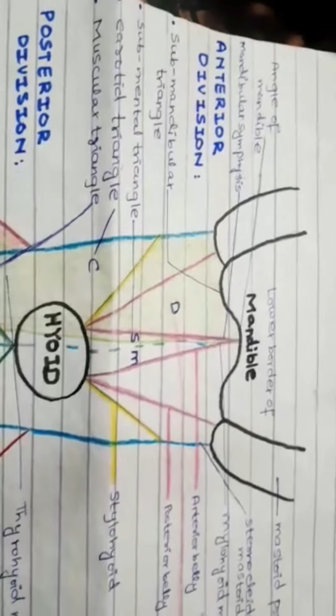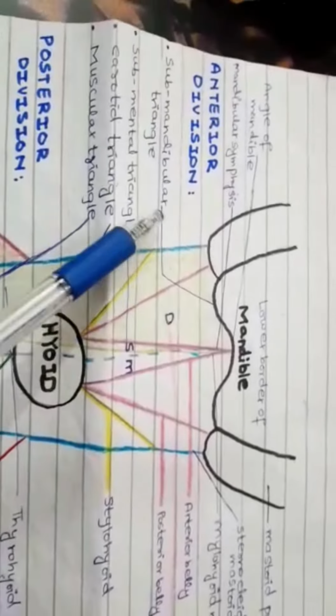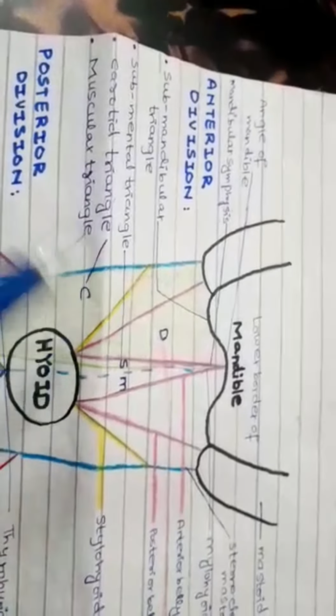As we discussed the triangles of anterior division, the two main points which are common in all these triangles are the roof is made up of platysma, skin and fascia. However, the floor is made up of mylohyoid muscle or the muscle which is present nearby.